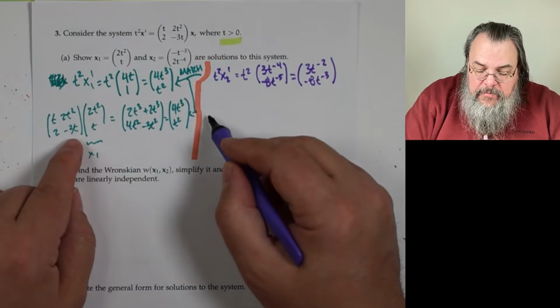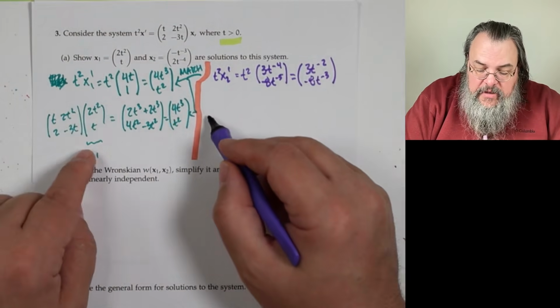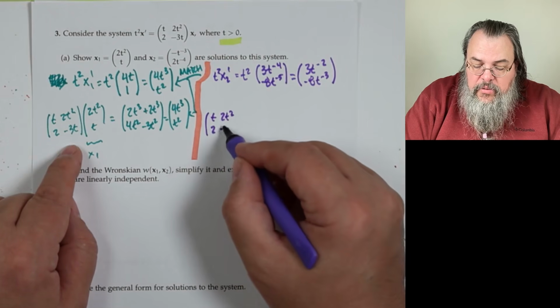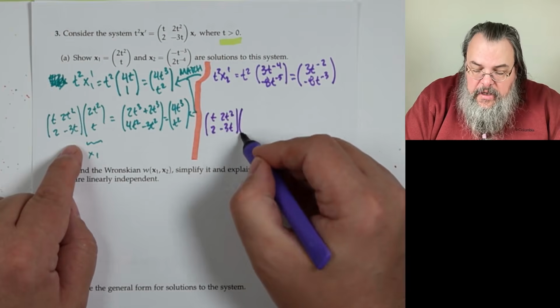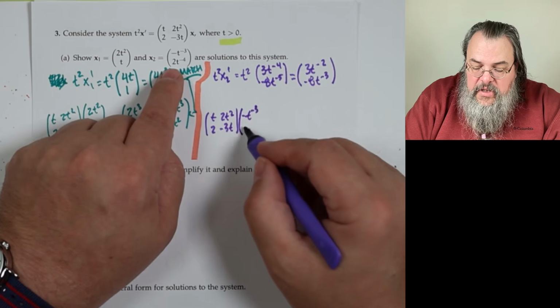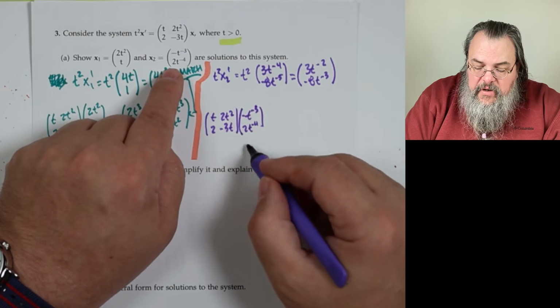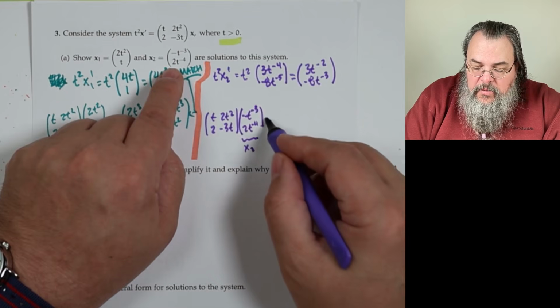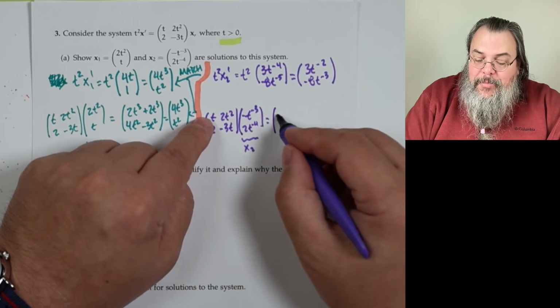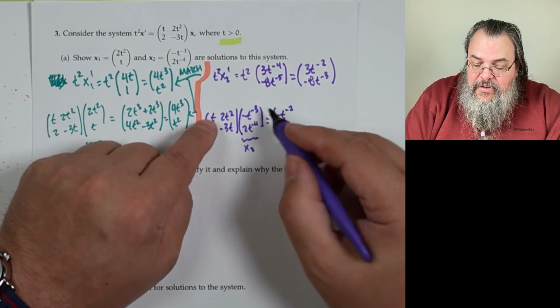Now, we'll do the same thing where we check the right-hand side. So we have our t, 2t squared, 2 minus 3t, times x2, minus t to the minus 3, 2t to the minus 4. This is our x2. Well, that is t times minus t to the minus 3, minus t to the minus 2.